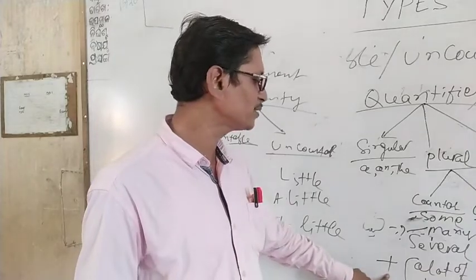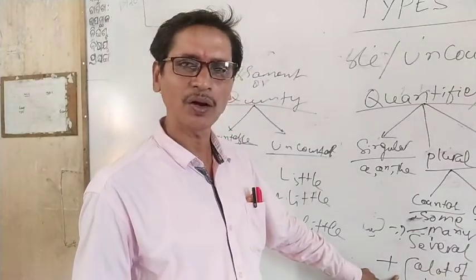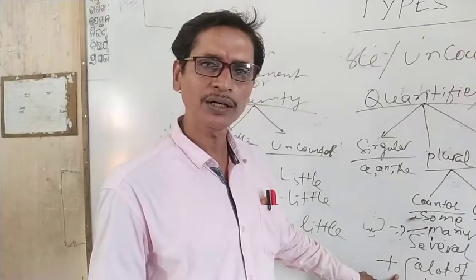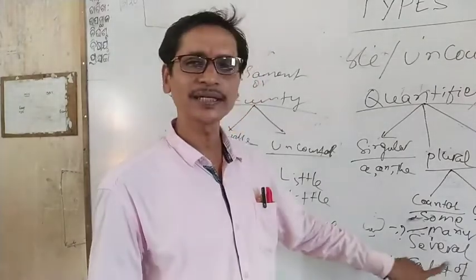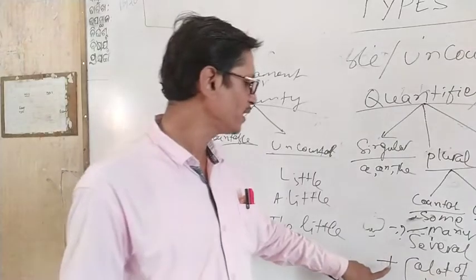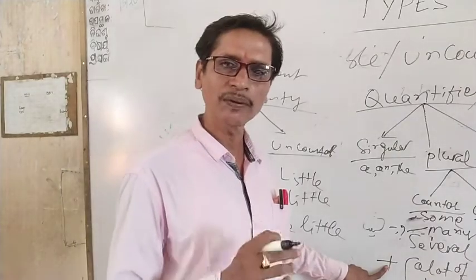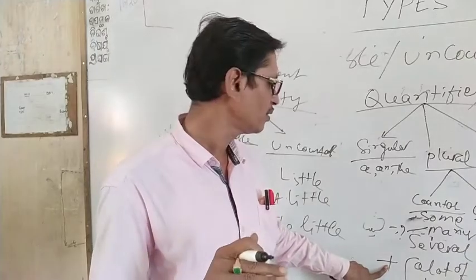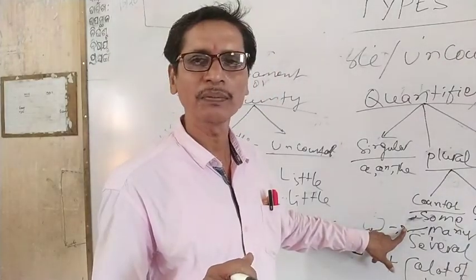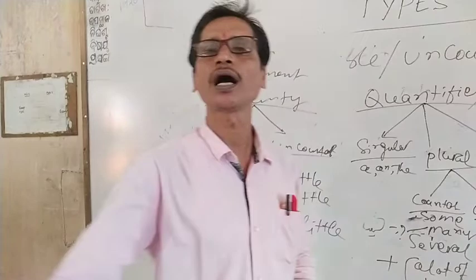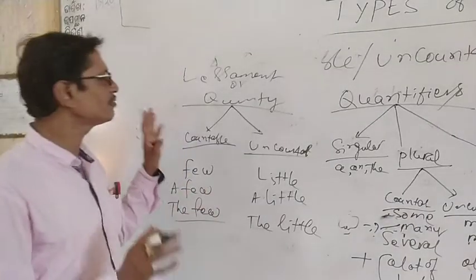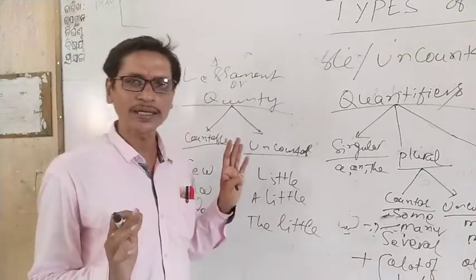The difference in using a lot of for both countable and uncountable is that where the sentences are positive, we use a lot of for both. When the sentence is negative or interrogative, we use many for countable nouns and much for uncountable nouns, which we discussed. Similarly, we also discussed less amount and quantity.